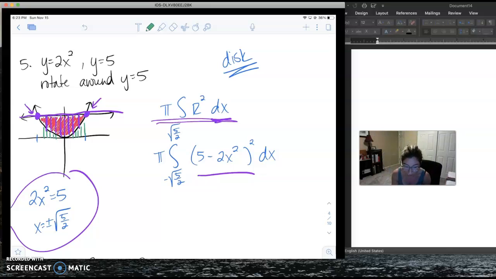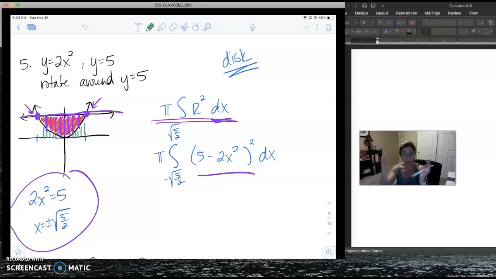To find that, you're going to do your top minus your bottom, kind of like the area, right? That top is always going to be that y equals 5 line, and then your bottom is going to correspond to your function. So top minus bottom here, your big R, your radius of all those discs, would be 5 minus 2x squared.